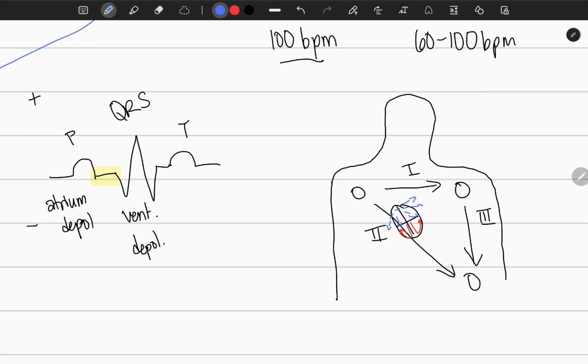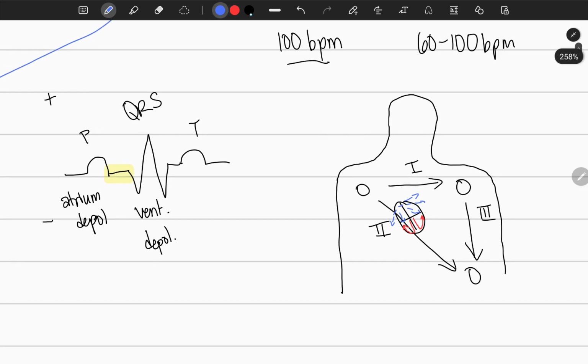So lead 1 follows the heart from right to left. You can see that it follows the plane of the SA node firing. It's in parallel. So that's why you can see that there is a positive increase in the P wave.